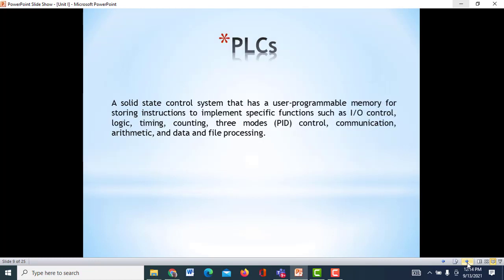And coming to your PLC, as I already explained about PLC, PLC is nothing but a solid state device. What is a solid state device? It is a device made up of germanium or silicon.